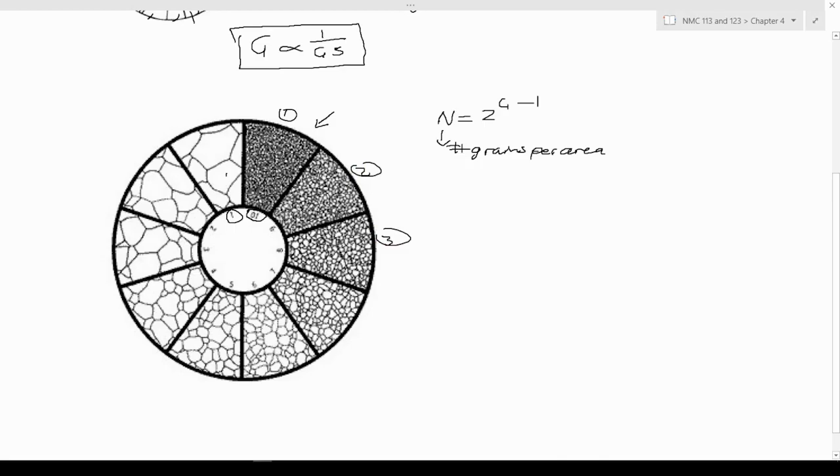Within the same area you have a lot of grains, so this one would have more grains per area. Do you see that? And according to this equation, when you have more grains per area, it is going to increase the value of n. Does that make sense? I hope that actually makes sense.